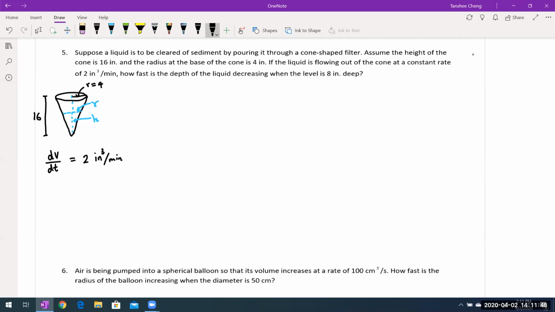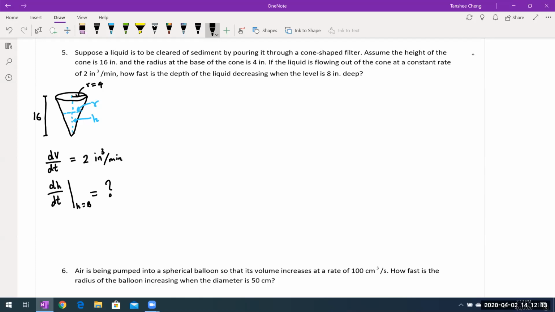So the rate of change in the volume is this. Now, what we are looking for is how fast the depth of the liquid is changing when it is 8 inches deep.